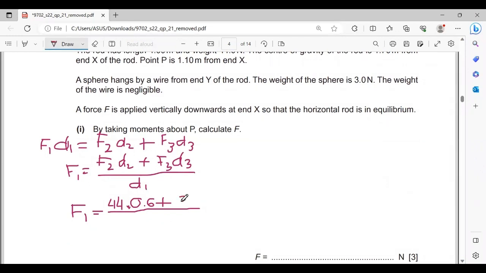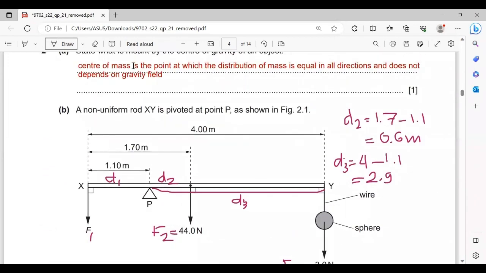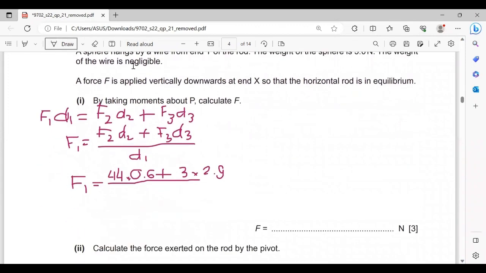Sorry, 3 multiply 2.9, over D1. D1 is 1.1.